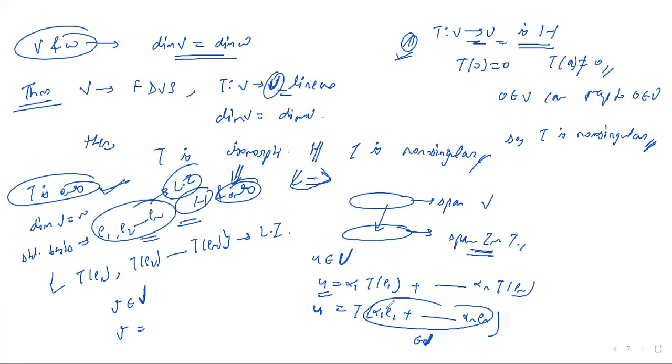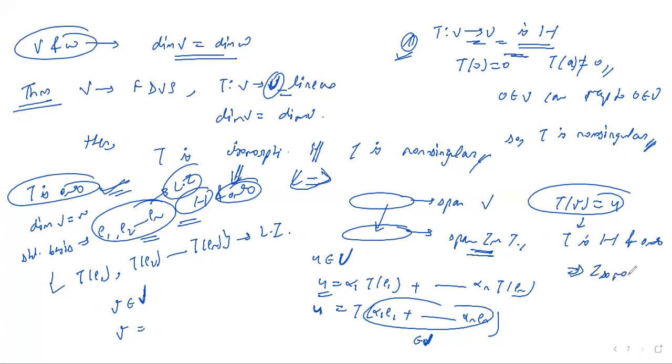So my Tv equals u. So every vector in U has its pre-image. That means T is one-one and T is onto, and that means it is an isomorphism, because it is bijective.